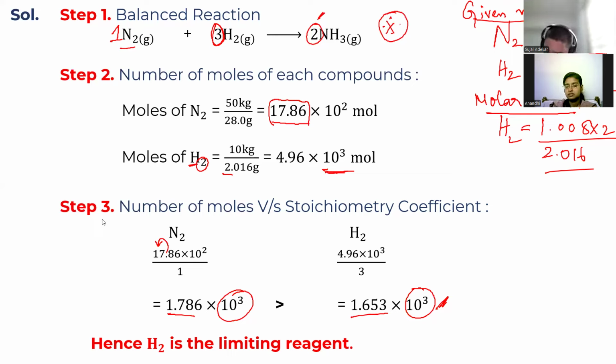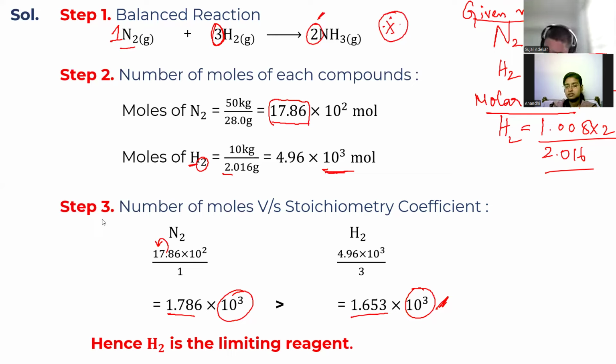So now we have calculated the number of moles of NH3 produced. But our aim is to find out the amount of NH3 produced, right? So what is the aim? We need to find out the amount. Amount means mass. So the mass of NH3 produced, you need to find out. So how will you find the mass of NH3 from the moles of NH3?